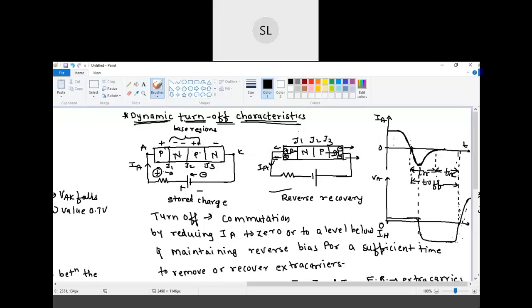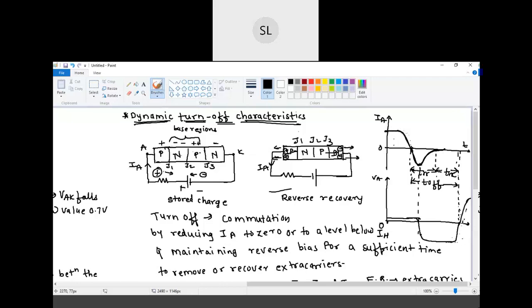So, the reverse current will flow until the extra carriers stored in the vicinity of the junctions J1 and J3 have been removed. Once the charge carriers have been removed, the junctions will go to the blocking state and the reverse current will reduce to zero. First of all, when the thyristor is in the on state, a large amount of current flows through it.